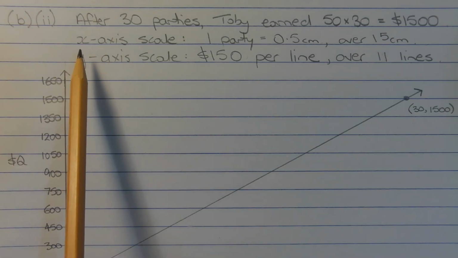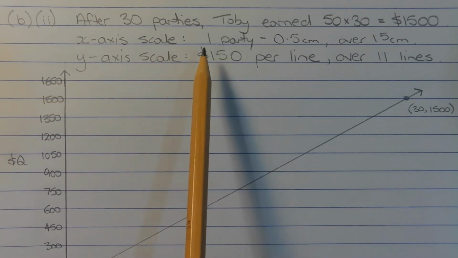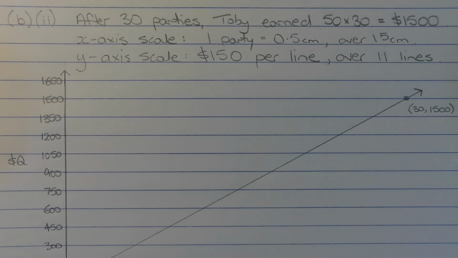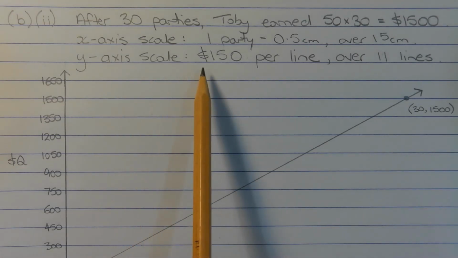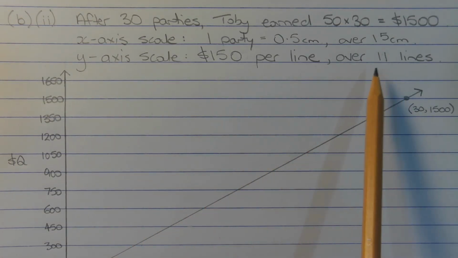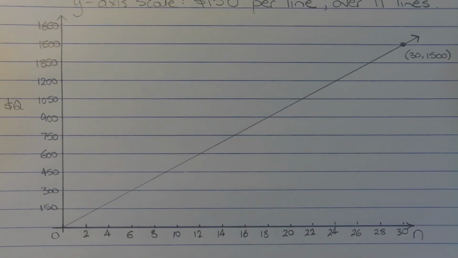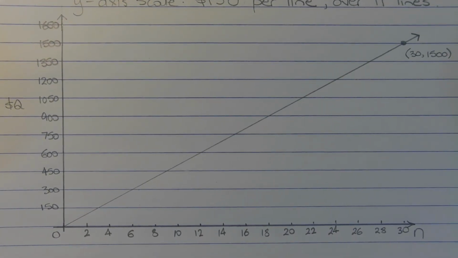Now this value here will give me an idea of what scale to use for the y-axis. But firstly, for the x-axis, the scale I used was 1 party equals 0.5 centimeters, or 2 parties equals 1 centimeter over 15 centimeters. And for the y-axis, the scale I used was $150 per line over 11 lines. So using a ruler, I drew up the y-axis and the x-axis.